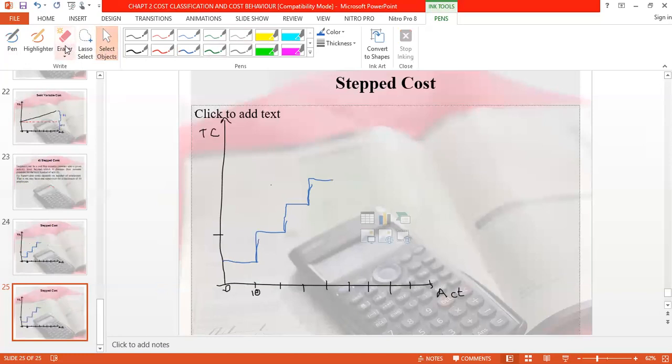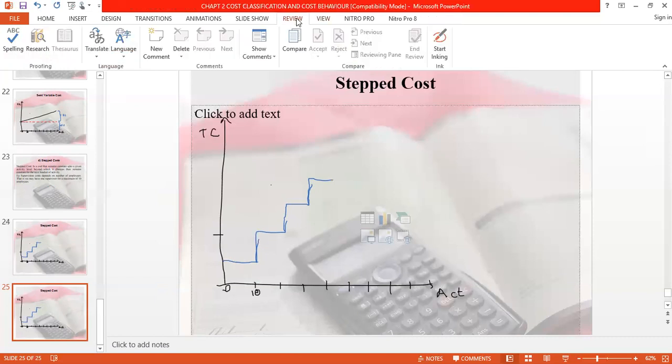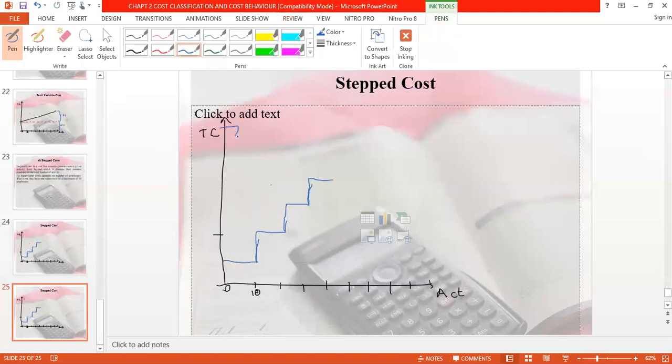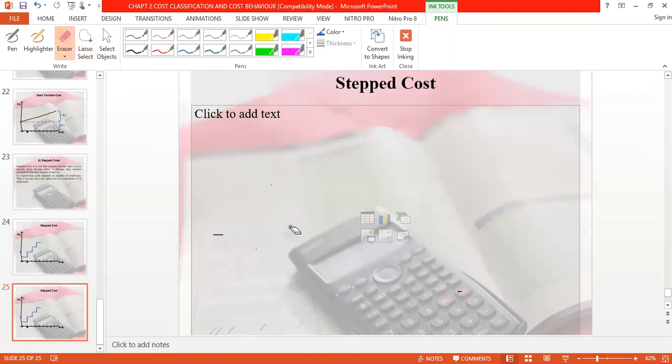So when we meet next, I didn't want to mix these with another area. Let me just exit this. We are done with it. When we meet next, I'll stop inking.